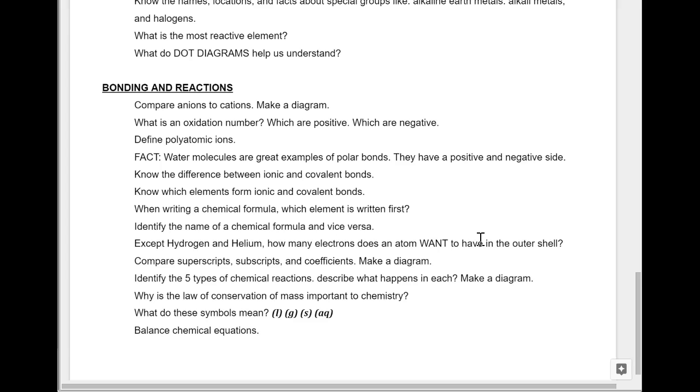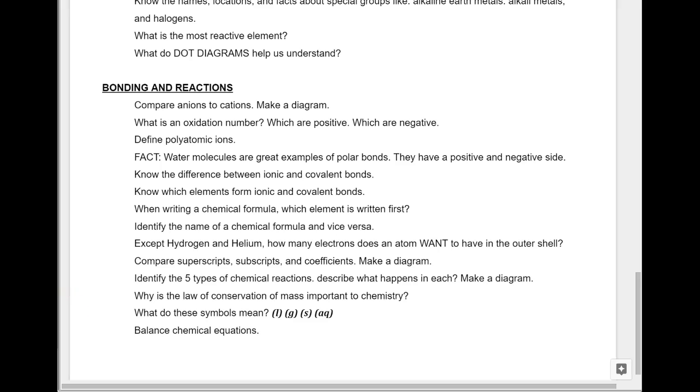So if I say something like magnesium oxide, you should be able to break that down to how many magnesiums and how many oxides you would need to have a stable formula. And then we've already talked about this next idea, that hydrogen and helium want to have 2 electrons in their outer shell, but everything else wants to have at least 8. Well, exactly 8. If it has less than 8, it's looking for some more to pick up.